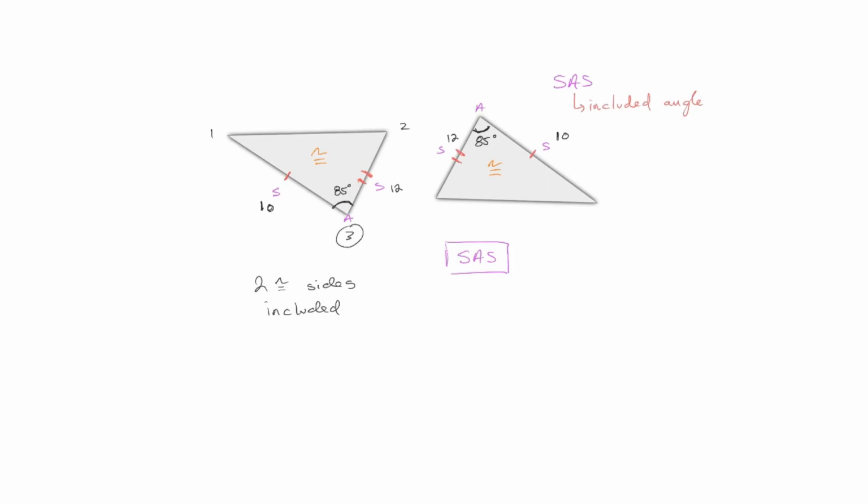There's no way for me to draw two triangles with two congruent sides and an included angle and they not be congruent.